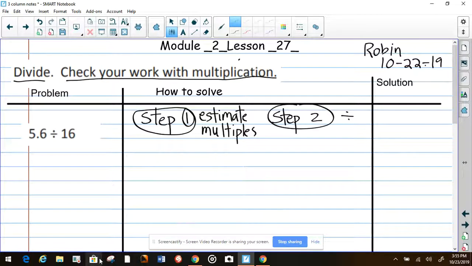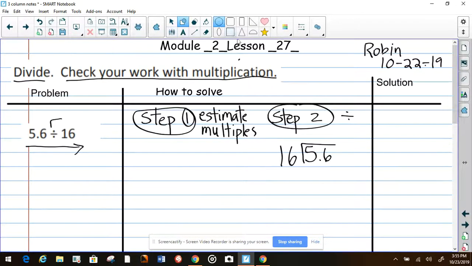So we're going to write this division from left to right, and the symbol it has is a half a square. So it's going to be 5.6 divided by 16. One thing I ask my students to always try to picture is this.